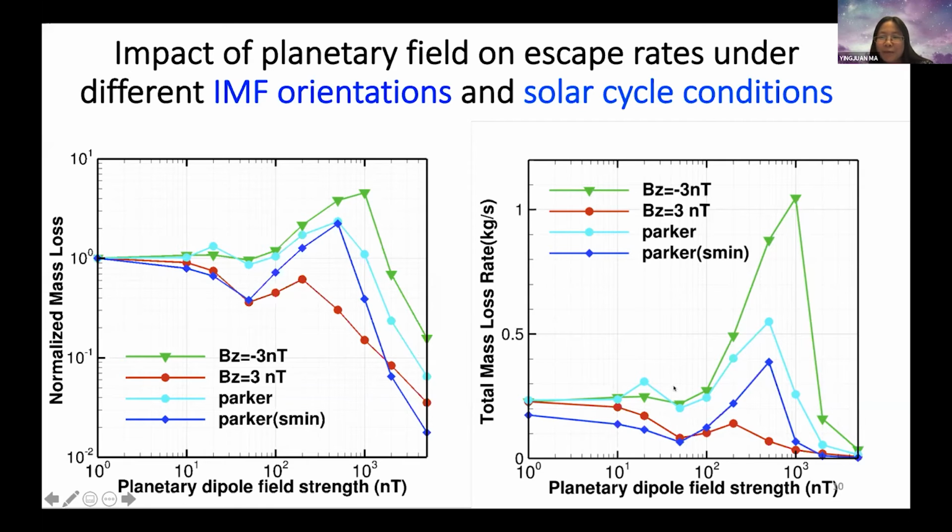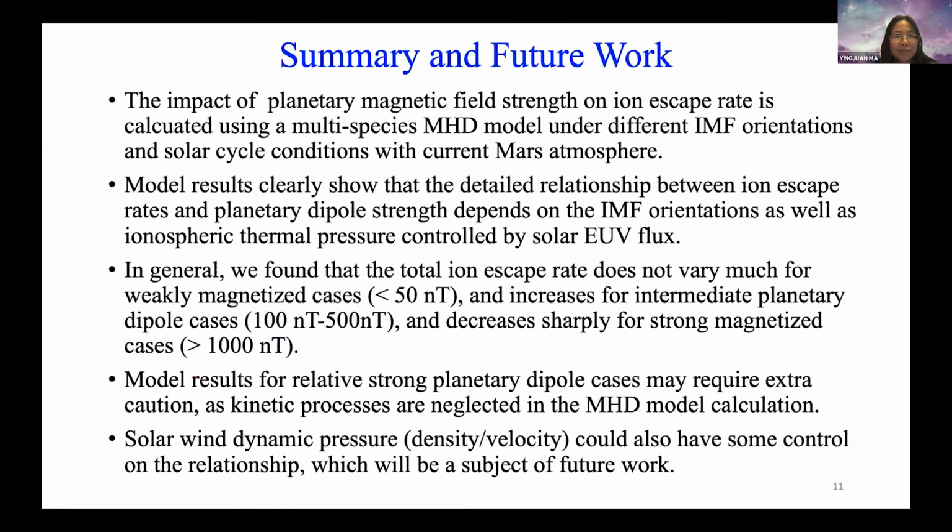But what's striking is that for all the different dipole field strengths, southward IMF seems to produce the highest ion escape rate, while the northward IMF produces the minimum ion escape rate. This is expected as we have learned from the Earth observations.